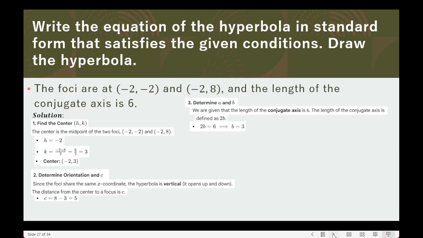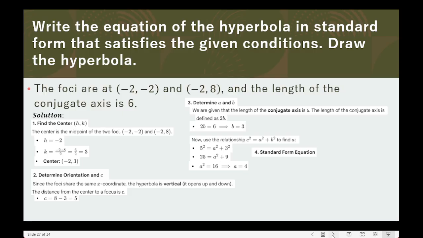So if 2b is 6, therefore b is 3. Now use the relationship c squared equals a squared plus b squared to find the value of a. You just plug in the values of b and c. We can compute a squared, which is 16, and in turn a is equal to 4.